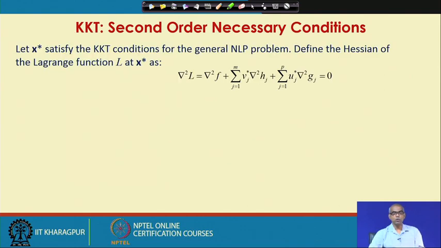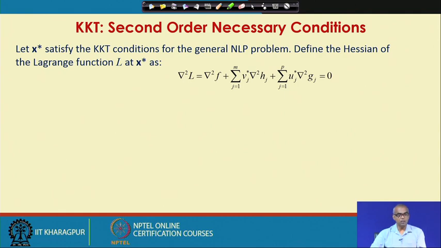Now, let us talk about second order necessary conditions. The KKT conditions, as discussed as of now, were first order necessary conditions. So, now let us talk about the second order necessary condition. Let x star satisfy the KKT conditions for the general nonlinear programming problem.